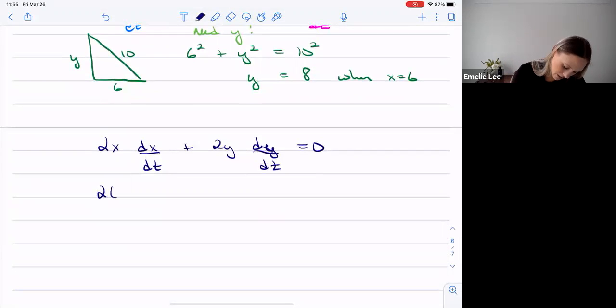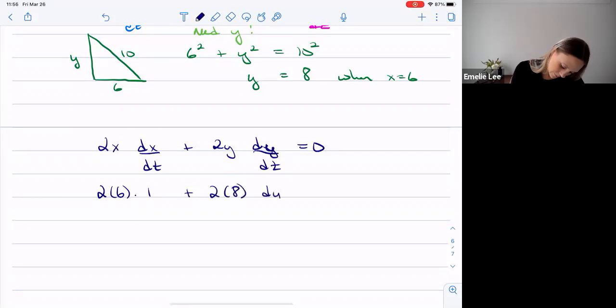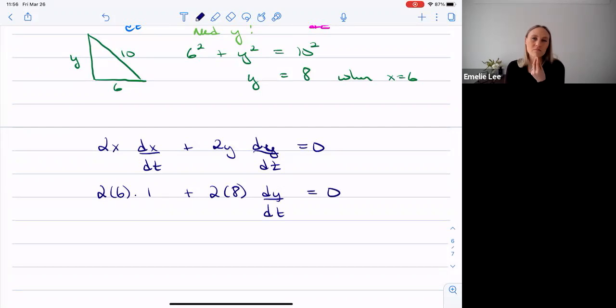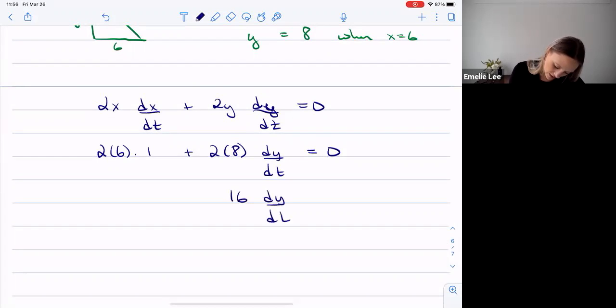I get 2 times 6 times 1, since dx/dt is 1, plus 2 times 8 dy/dt is equal to 0. Rearranging, solving for dy/dt, I get 2 times 6, putting me at 12. So negative 12, so I get 16 dy/dt is equal to negative 12.